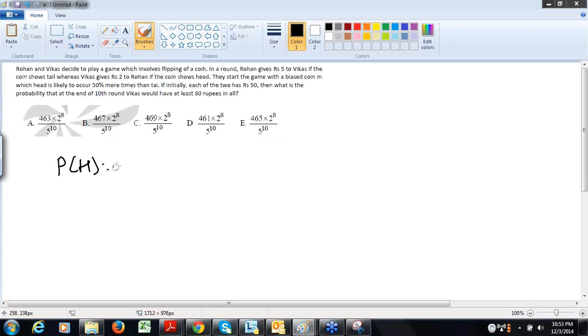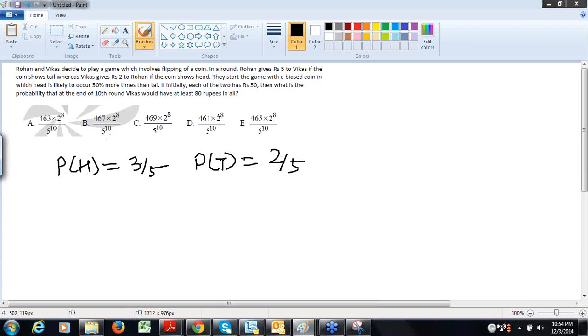Probability of head will be, it is saying 50% more. So 3 by 5. Probability of head will be 3 by 5 and probability of tail will be 2 by 5.